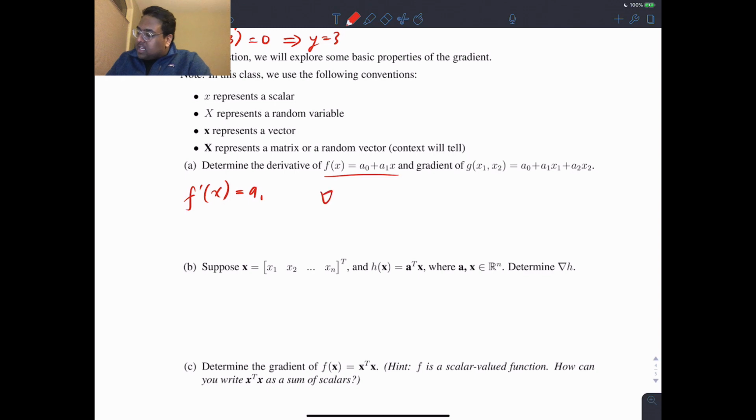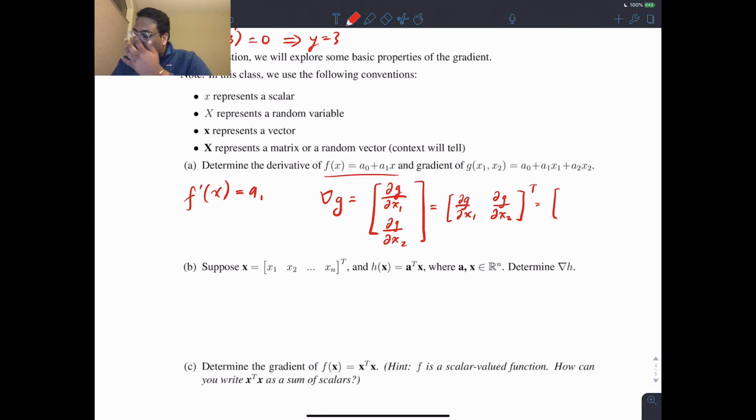Now we want the gradient of g, which again is a vector of all possible partial derivatives: the partial derivative of g with respect to x1 and the partial derivative of g with respect to x2. Also note, because we don't have a lot of vertical space on these pages, we'll often write it in the transposed form, but it's really the same thing.